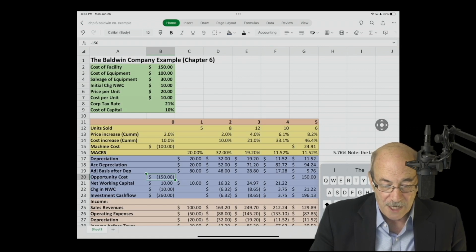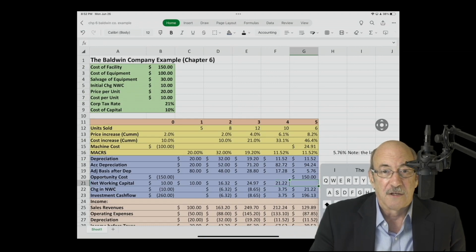All right, net working capital, we increased by $10. Initially, we hold that for the first year, and then we increase a little bit more, and a little bit more, and then we start to get it back, and then we get it all back at the end. So that becomes 0.